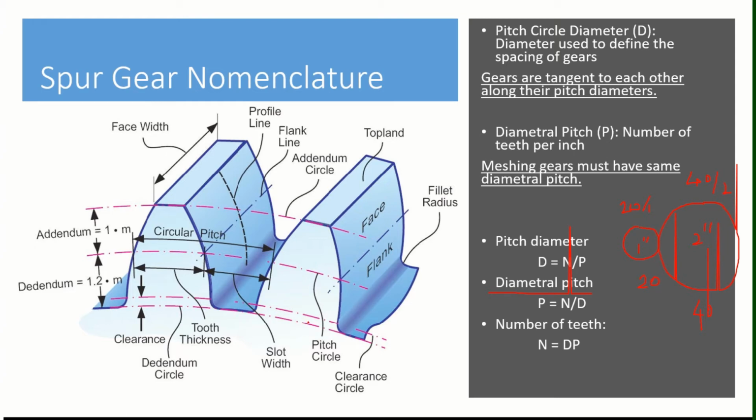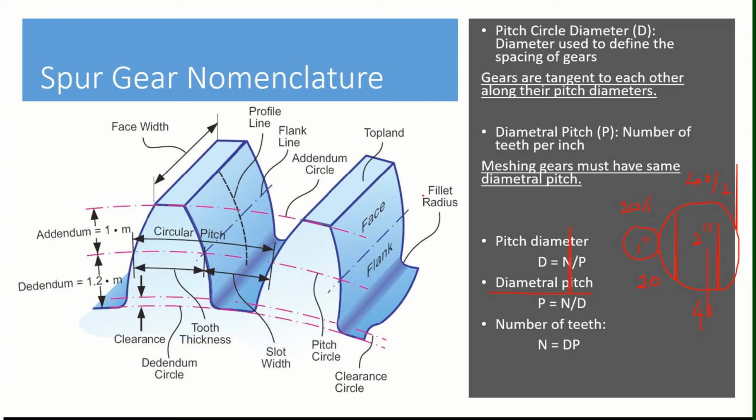There are other terms also in this gear nomenclature. The topland, which is the topmost flat face of the gear tooth. The gear profile is typically an involute profile, and on the side of this tooth we have these two terms, the face of the gear and the flank of the gear.